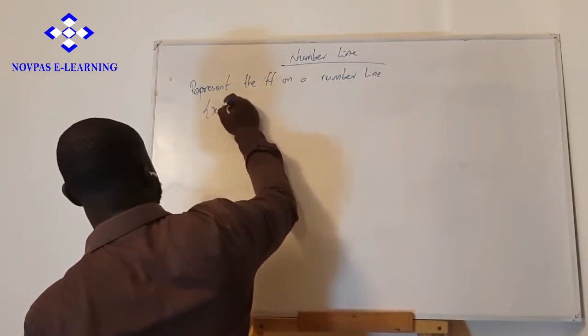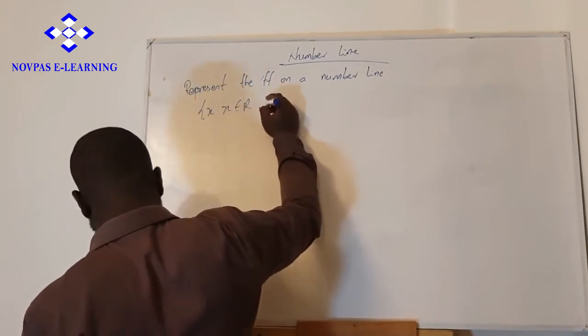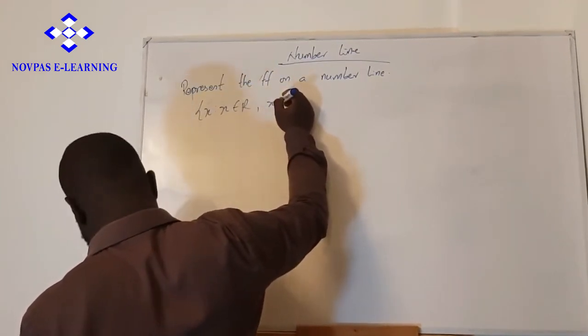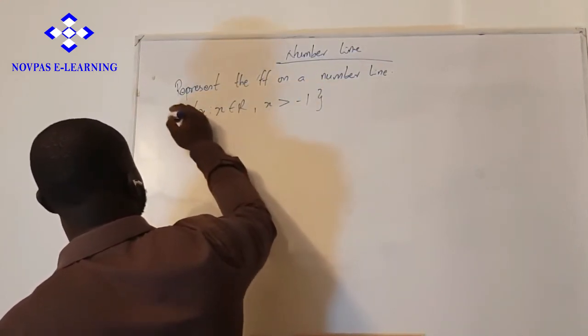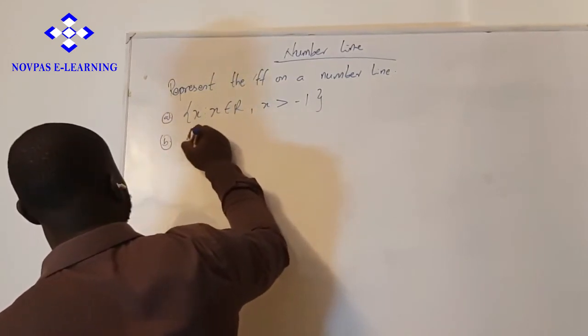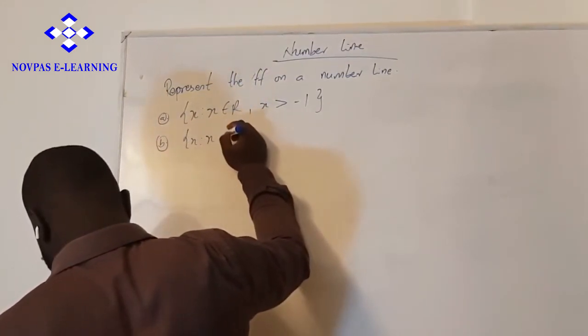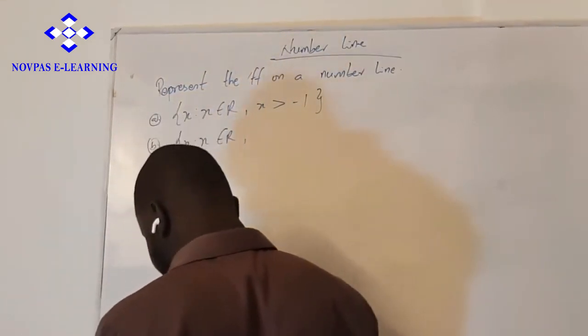S is such that x is an element of the real numbers, x is greater than negative 1. A, B. S is such that x is an element of the real numbers.